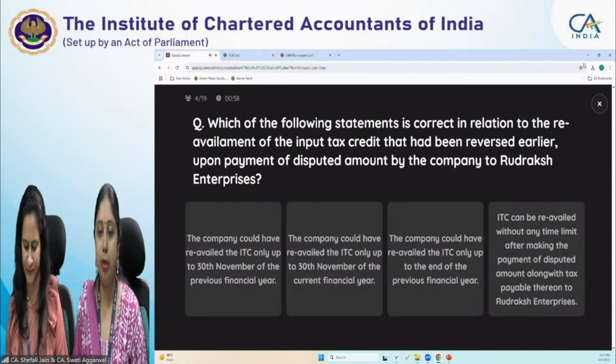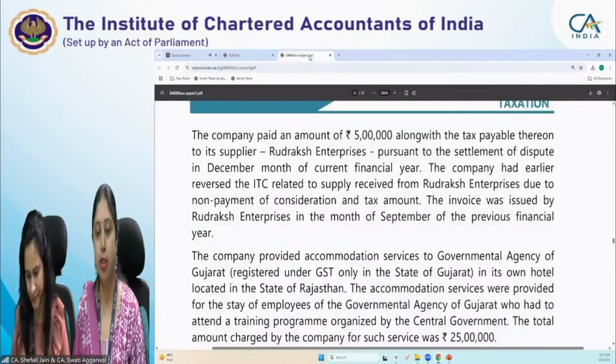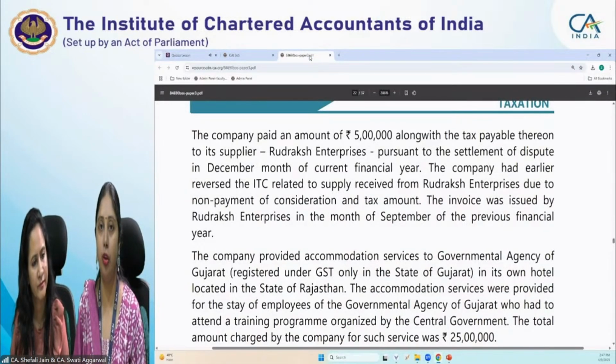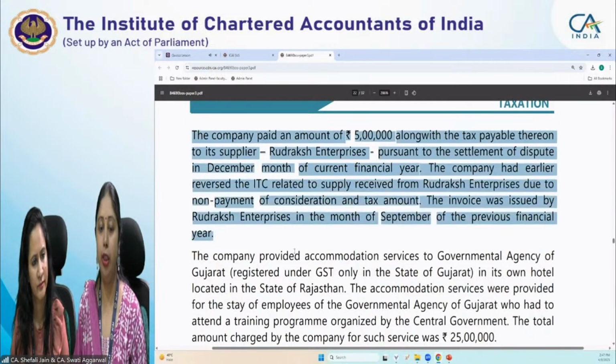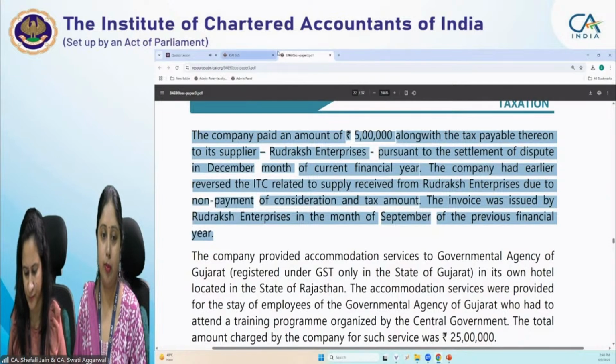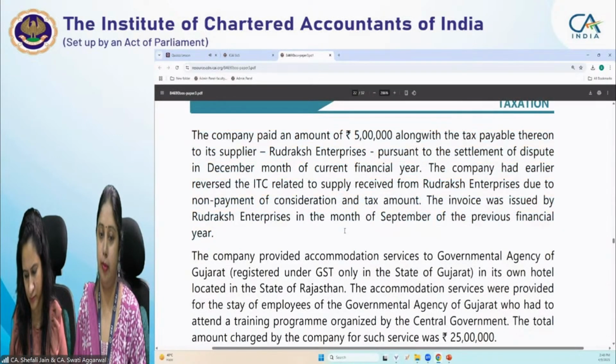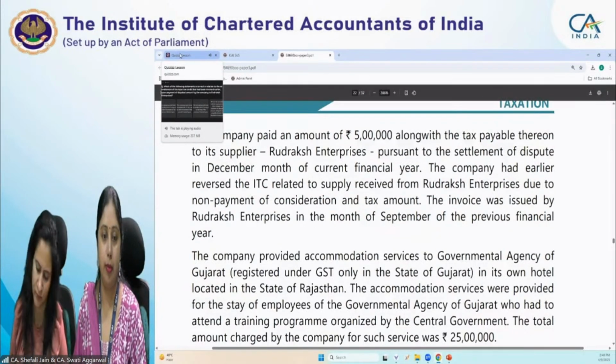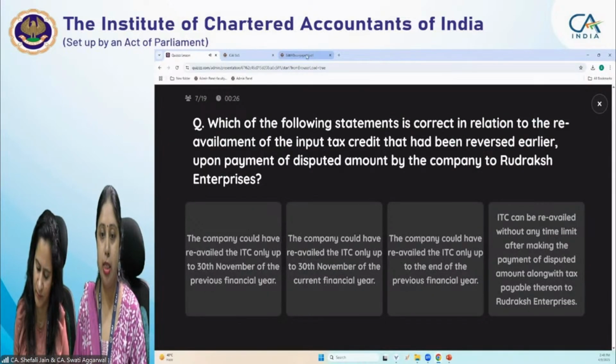And we will, in the meantime, show you the relevant piece of information, because the question would have been there on your screen on your device, and the relevant piece of information is here so that you can answer this question applying the relevant provision. We'll let you know how much time is left. 26 seconds are left.